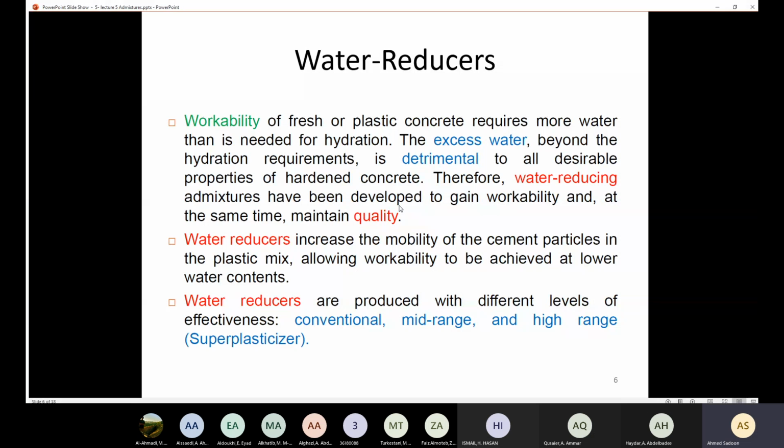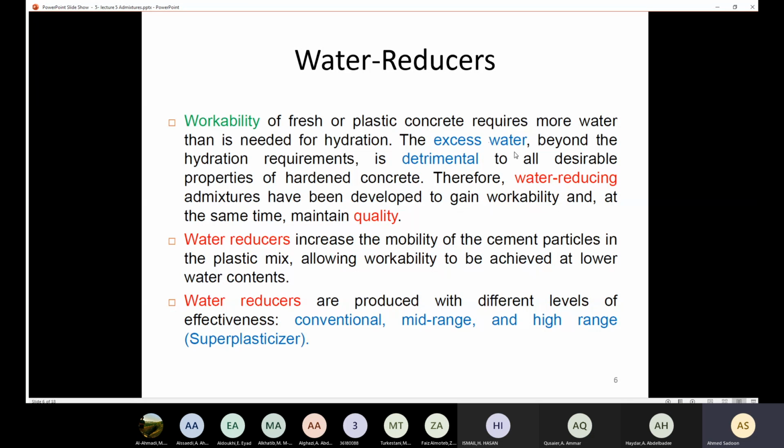And we discussed the excess water beyond the hydration requirement. If I'm going to put more water than is needed for hydration, this is going to be detrimental to all desirable properties of hardened concrete. The strength is going to decrease, the durability is going to decrease, the permeability is going to increase, and so on.